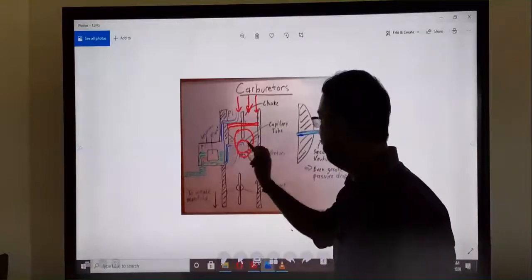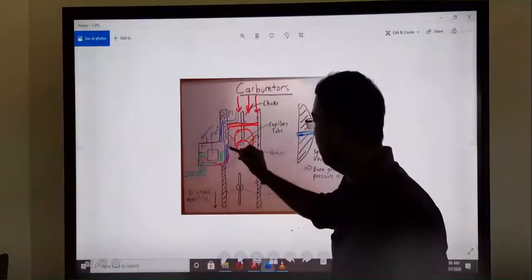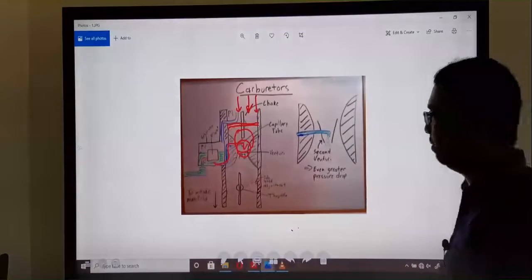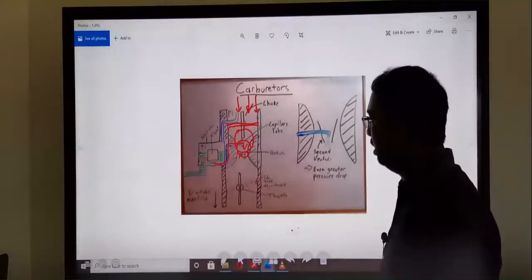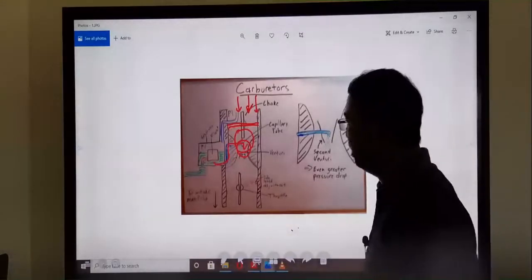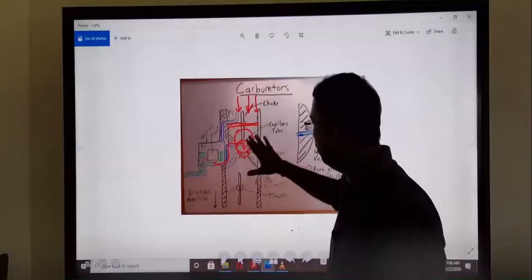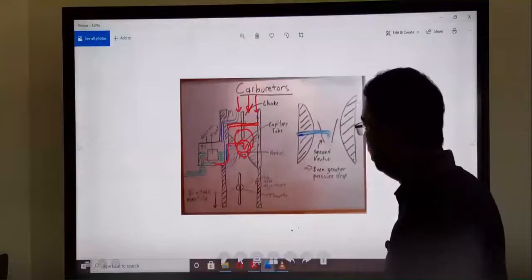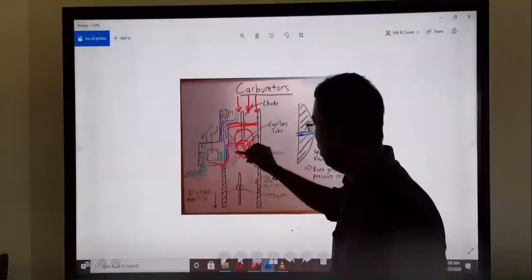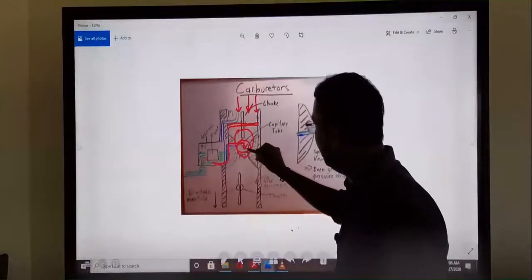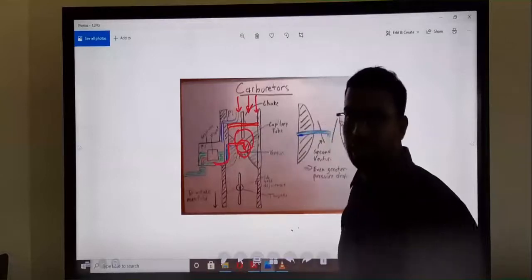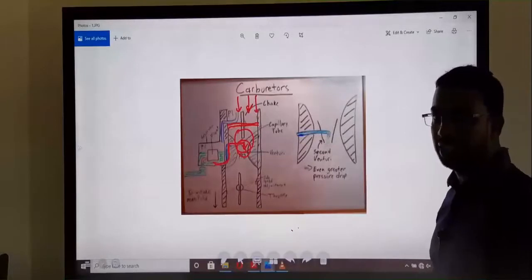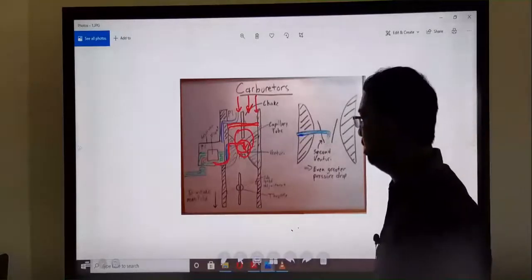Because of this pressure difference, much fuel comes from this capillary tube, even with the absence of air. The fuel comes like this, but there is less air, so we get a rich fuel mixture.